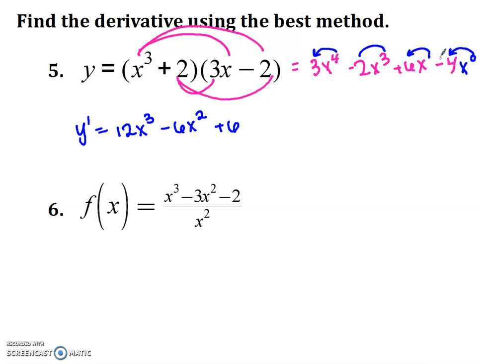So 0 times anything is 0. So that part just goes away when we take the derivative. So here's the derivative, and then I can GCF out just a 6. So that'll be 6 times 2x cubed minus x squared plus 1.